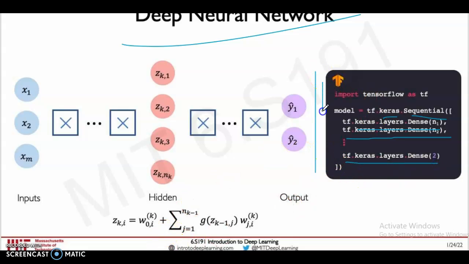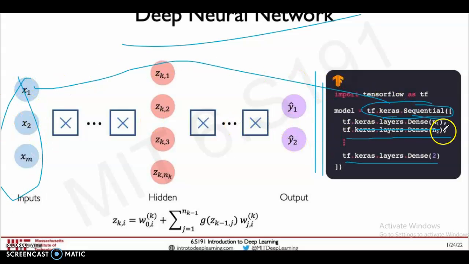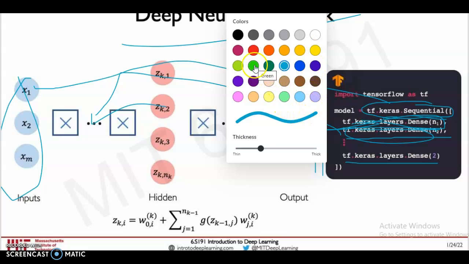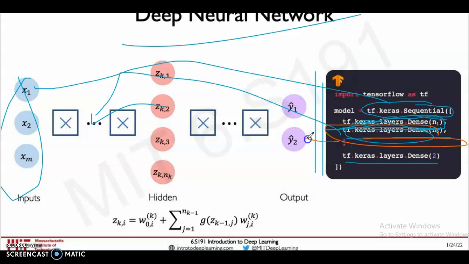Okay, this is the code. This is sequential. Dense layer n1, Dense layer, Dense layer.